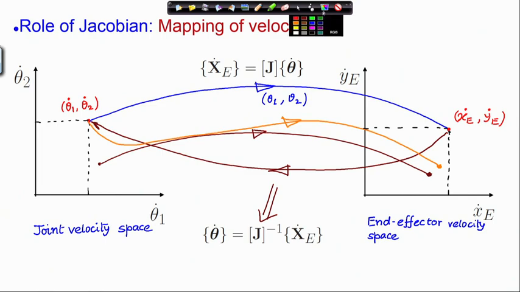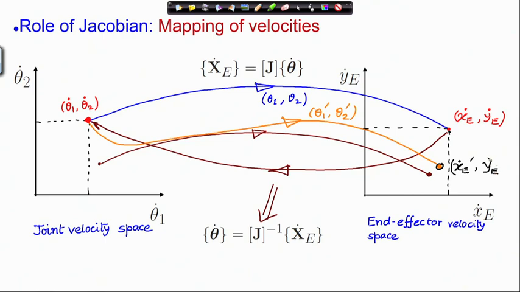So, I am keeping this point fixed. I am keeping the joint velocity point fixed. I have only changed the configuration of the manipulator. So, this is for theta 1 prime, theta 2 prime, and what I have is a new point in the end effector velocity space.